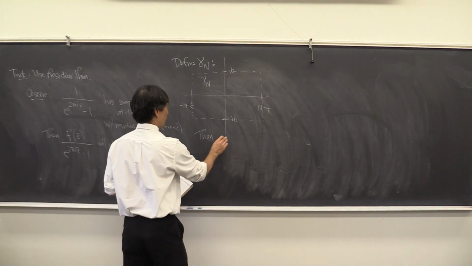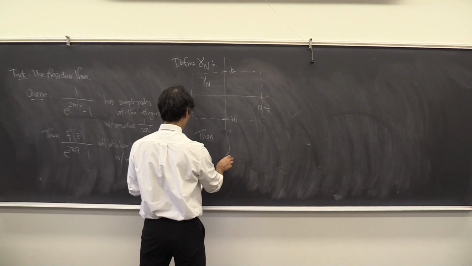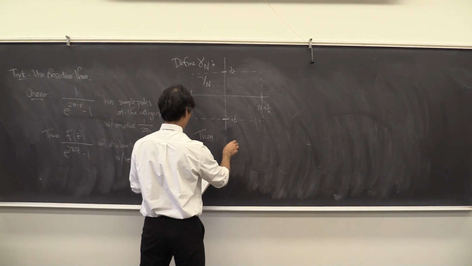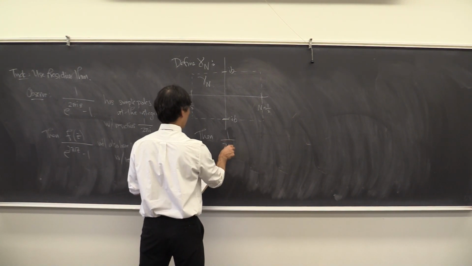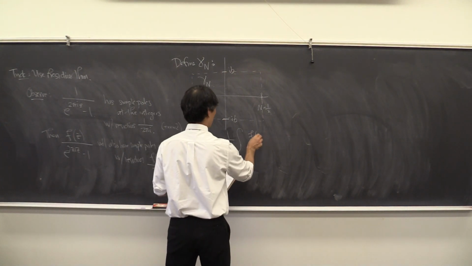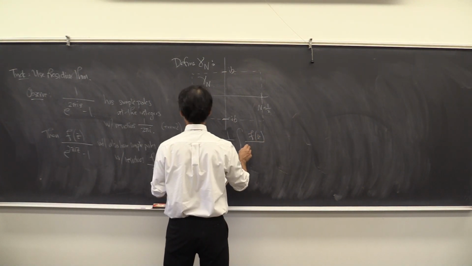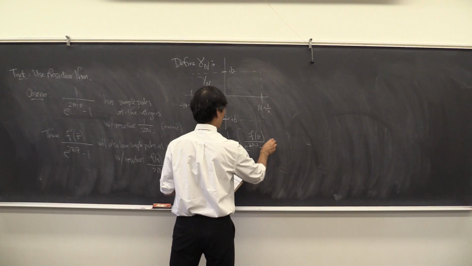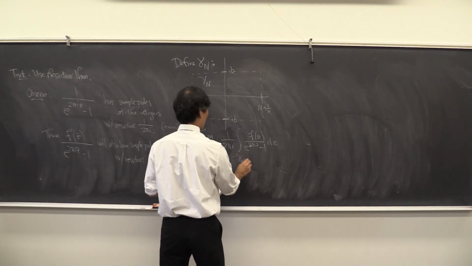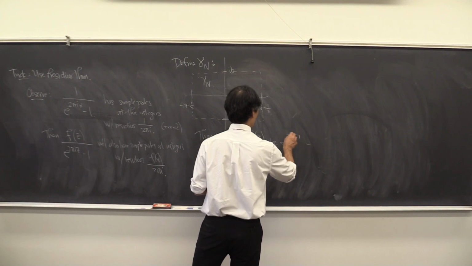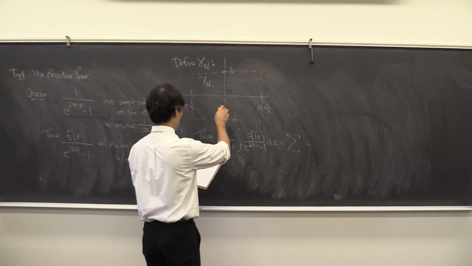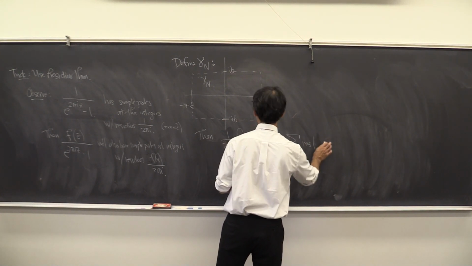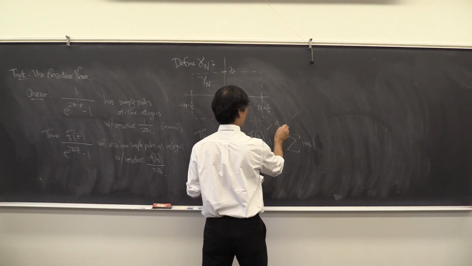Then, by the residue formula, we know that 1 over 2 pi i times the integral of our function, f of z over e to the 2 pi i z minus 1, dz over gamma N, is going to be the sum of the residues of this function. Let me call it g.